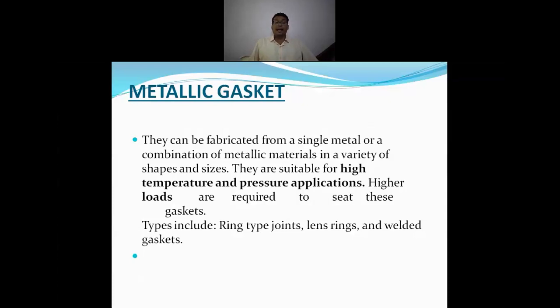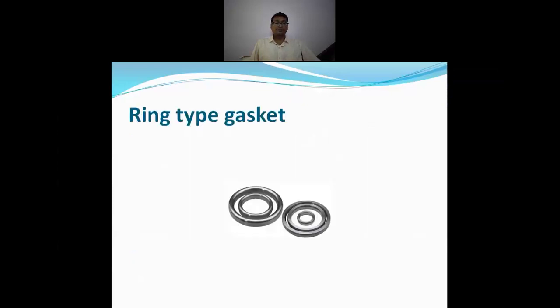There you have to apply higher loads also. When it is metal, a higher amount of force is required to deform it. So this includes the ring type, lens ring, and welded gaskets.